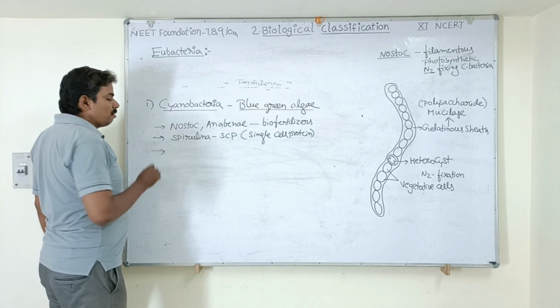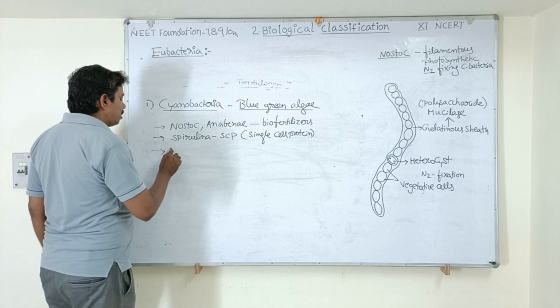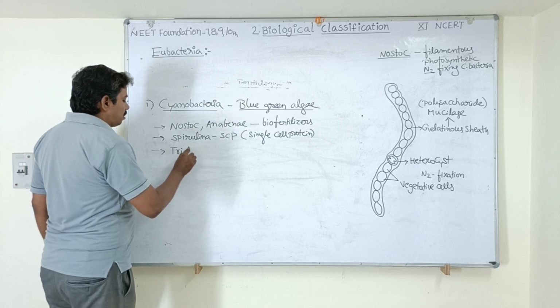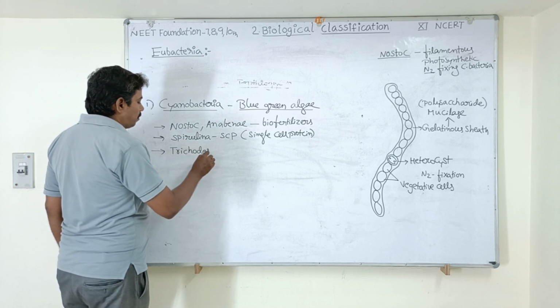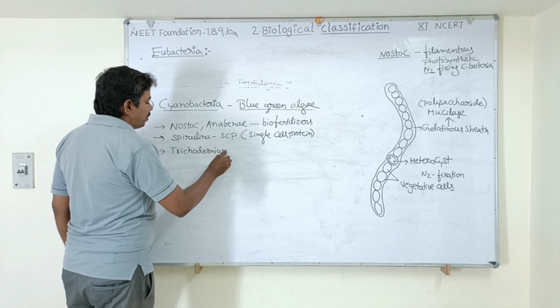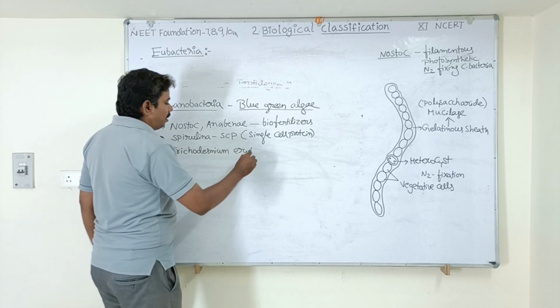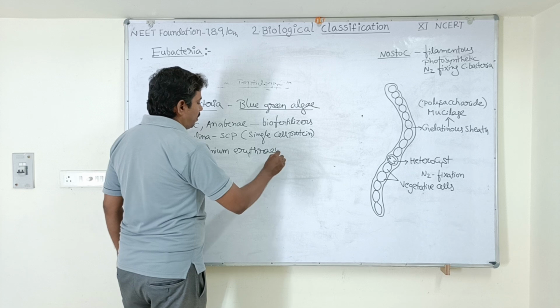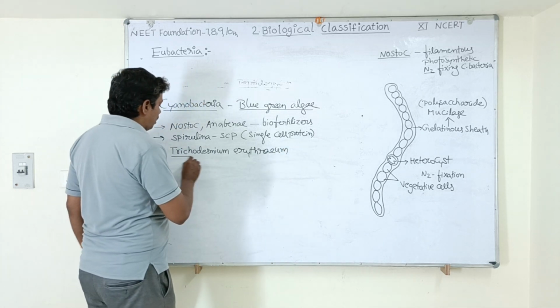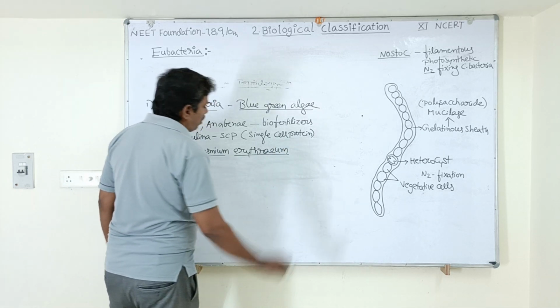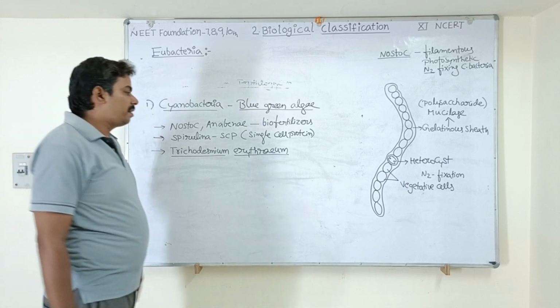There is a cyanobacteria which grows in the ocean called Trichodesmium erythraeum. This is the scientific name of a particular variety of cyanobacteria.